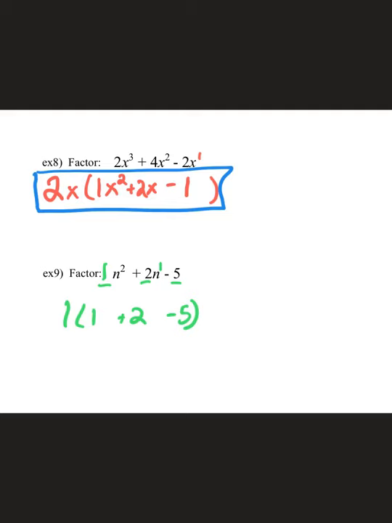So I can't factor out a variable if all 3 terms don't have it, which means this stays as n squared in the first part, and the middle part is still 2n to the first. If I look at these 2 things, these 2 answers are exactly the same, which is to say this does not factor by GCF. And that's going to be something that we have to watch out for.